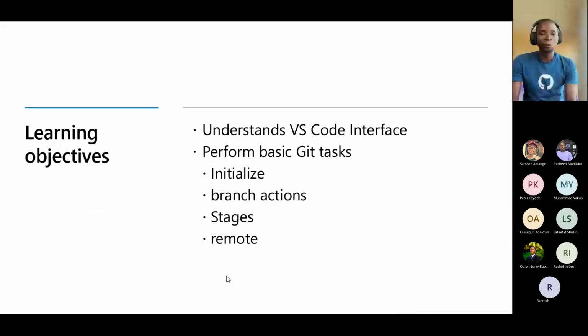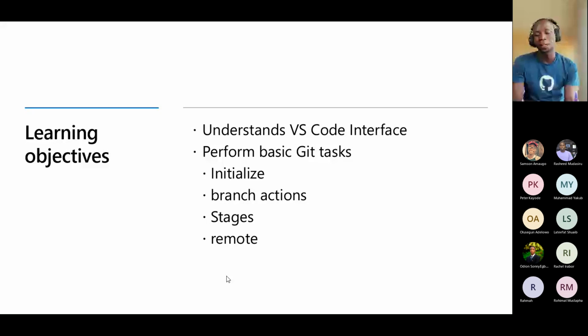The learning objective for this workshop is simple. I know most of us are gurus, most of us have been using VS Code for a long time, but there are certain things we do not pay attention to. So I will be showing a bit of the interface of Visual Studio Code, and how we can use Visual Studio Code to ease our use of Git and GitHub.